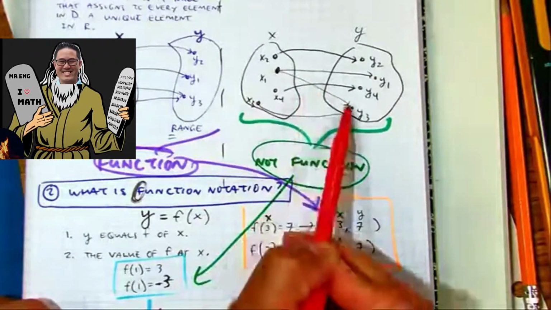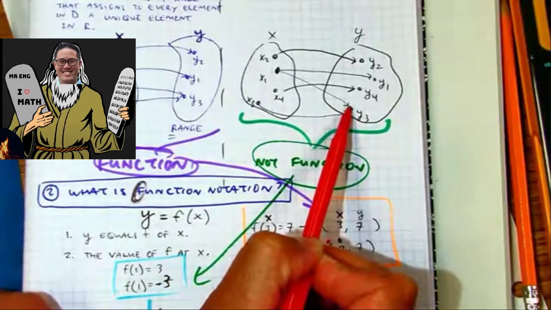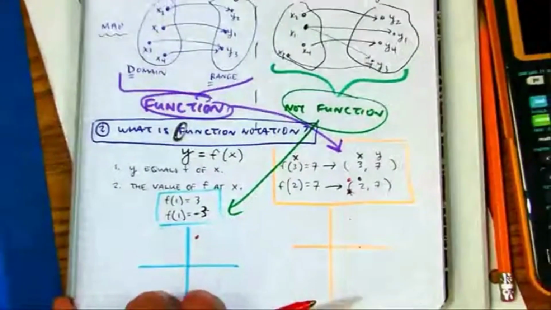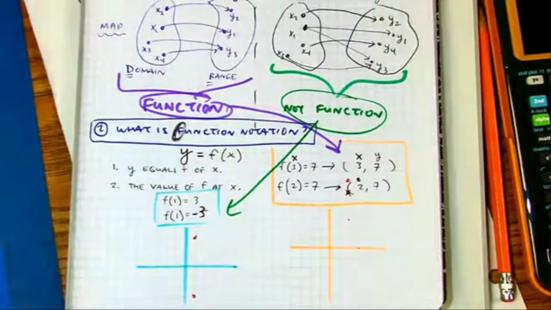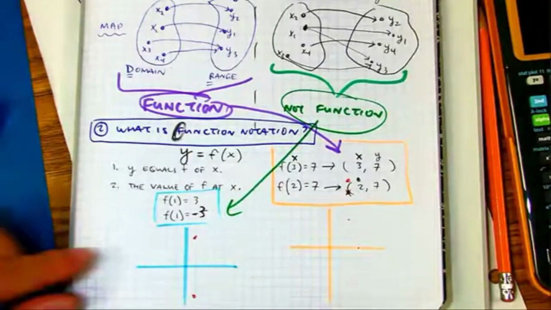Okay. So now let's get to a cheesy way of testing it. Talk to your partner 5 seconds. What's the test called? Yeah, wow. I'm going to have to teach you.